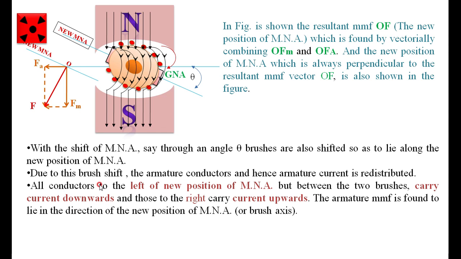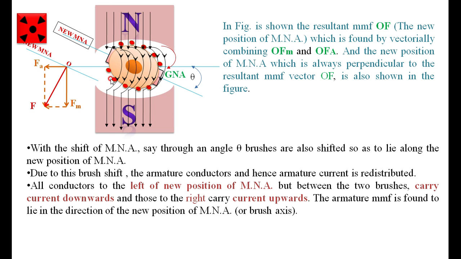All the conductors to the left of the new position of MNA, but between the two brushes, carry the current downwards. That is, to the left of the new MNA, up to the brush axis, they carry the current in the downward direction.